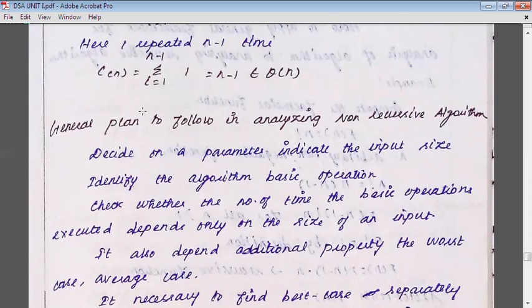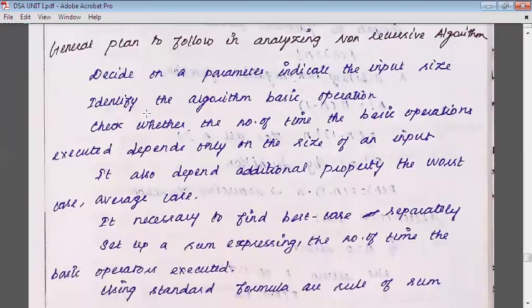The basic operation is repeated depending upon the input size. It also depends on an additional property: the worst case, average case, and best case. It is necessary to find the best case separately. Compulsorily you find out the worst case and the average case; if necessary, you find the best case also.